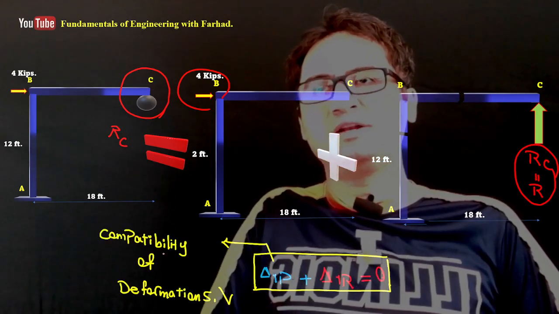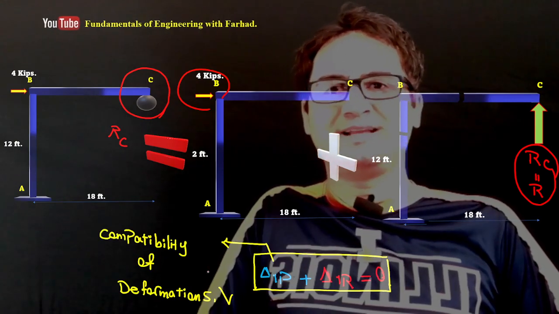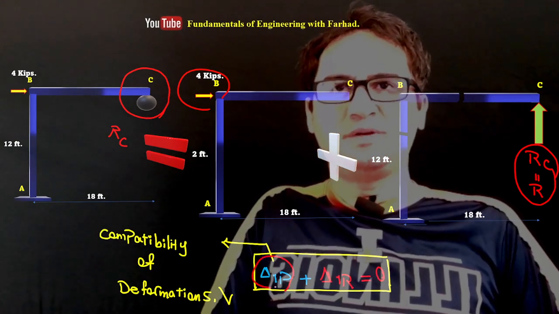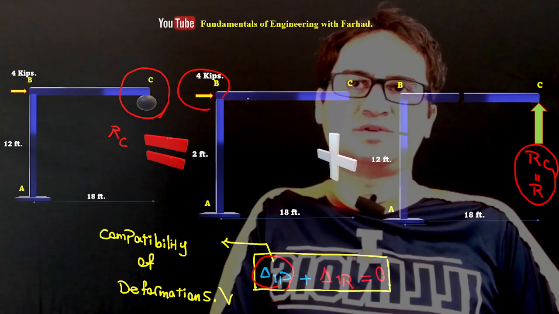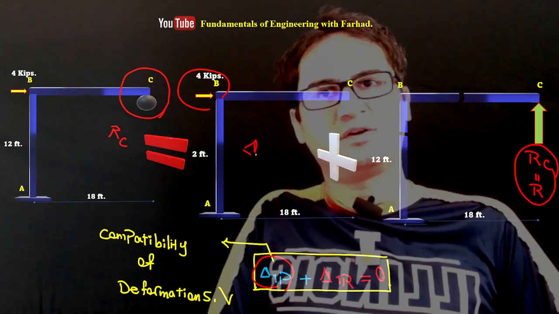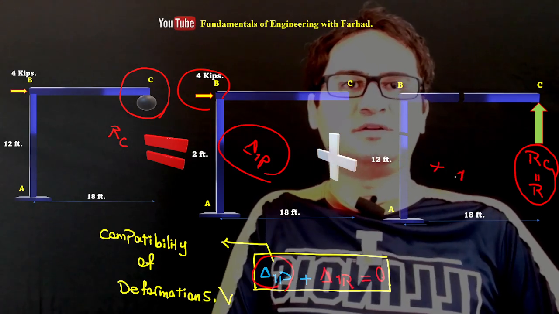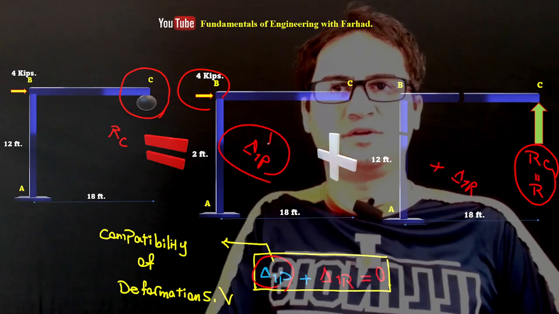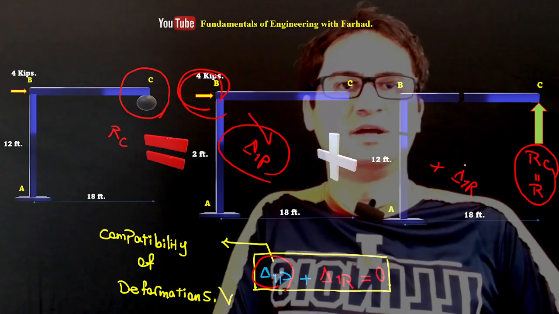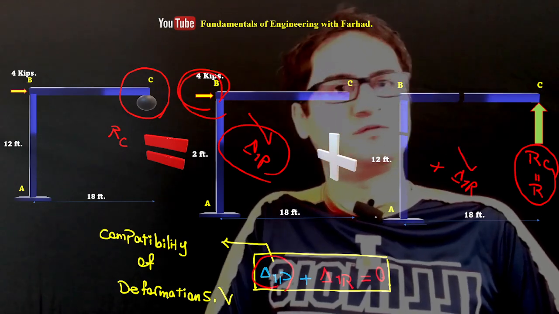By applying the compatibility equation, we can say delta 1P, the delta related to this structure for the real load, plus delta 1 due to the reaction or redundant force.